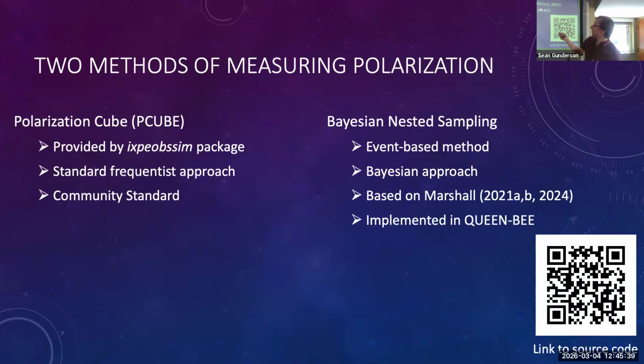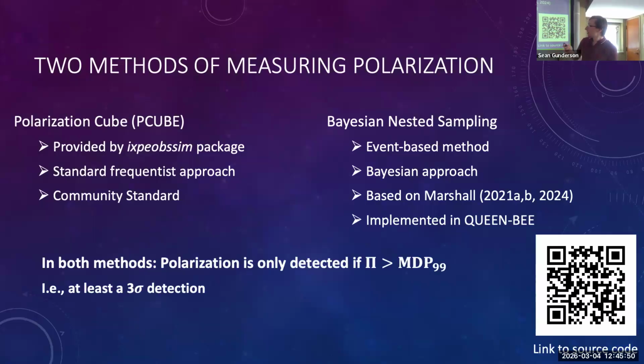If you want to know more about this method, I do include a QR code to the source code, or at least the paper on it, by Swati Ravi, one of Herman's grad students. But no matter the method, the standard that the IXPE team has set, and they will argue against it if you don't use it, is that your polarization has to be above MDP 99.